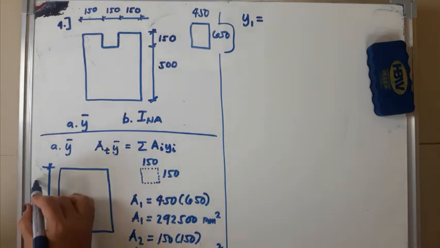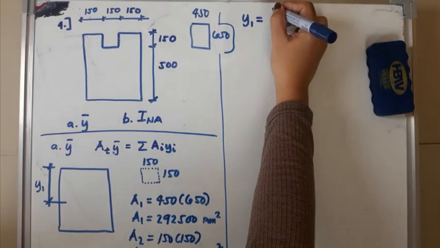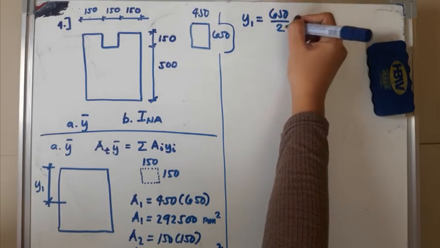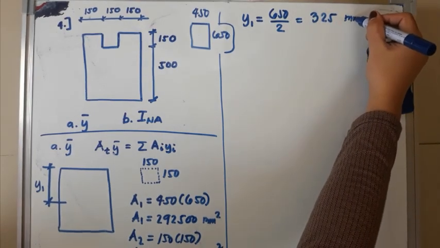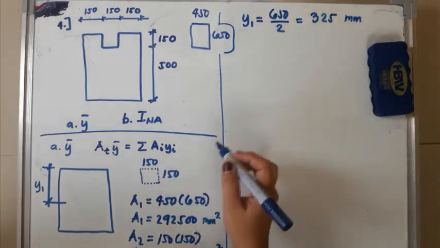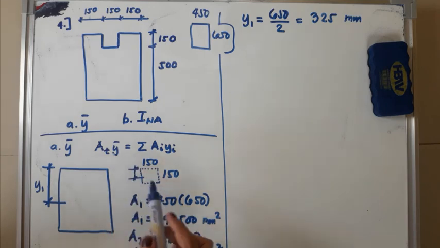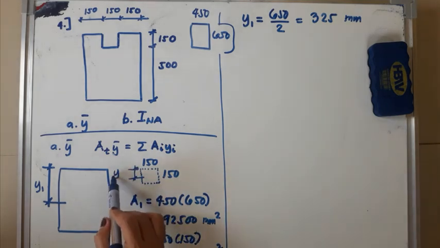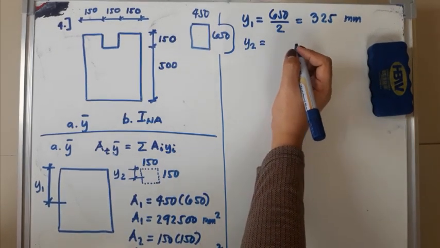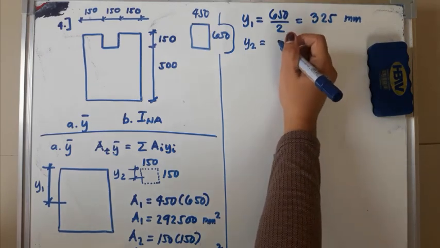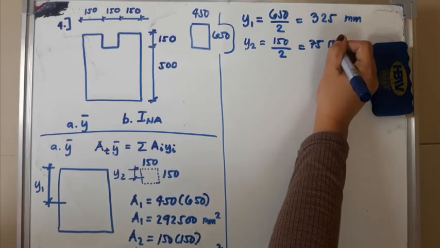So the y1 is just the half of the total height, or 650 over 2, so this is 325 mm. Next, our y2 is just this distance here. So y2 is 150 over 2. Again, our y is with respect to the top of the section. So y2 is half of 150, or 75 mm.